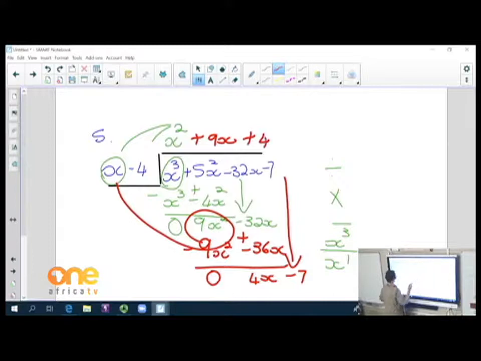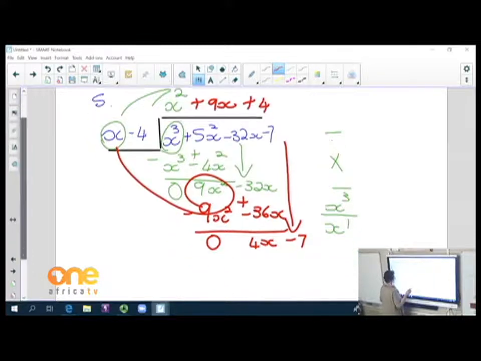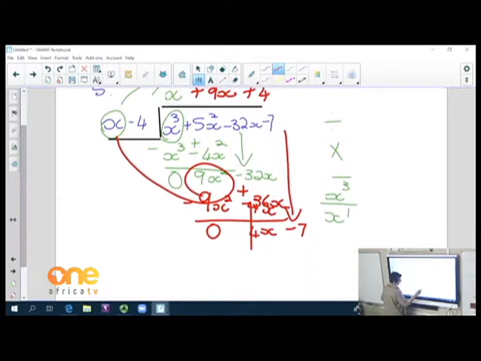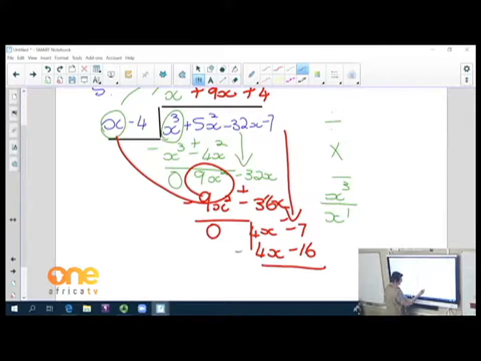Plus 4 times. If we multiply now, we have 4x minus 16. That one was 36x. And again, we need to change the second signs and add, minus and a plus. This is 0, negative 16 plus that one is 9, so it is remainder 9.